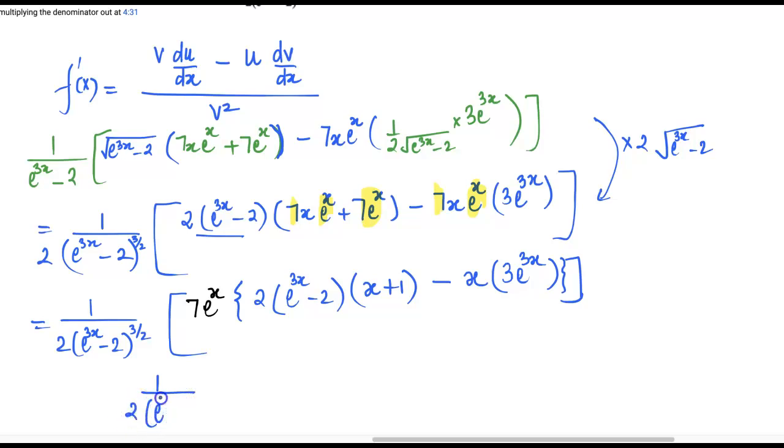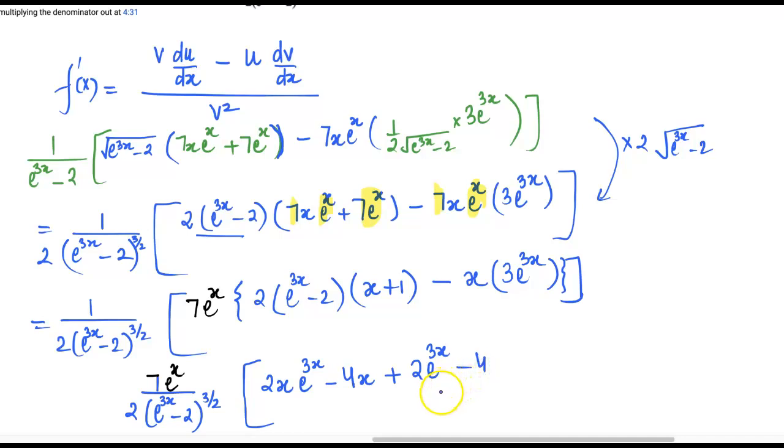Okay, now the next step, we will be having, copying it as it is, 1 over 2 e to the power 3x minus 2, 3 halves, and there, can we simplify it more, like expanding? I'm moving this 7 e to the power x outside, so we can write it 7 e to the power x, and inside we will be having 2x e to the power 3x minus 4x plus 2 e to the power 3x minus 4.